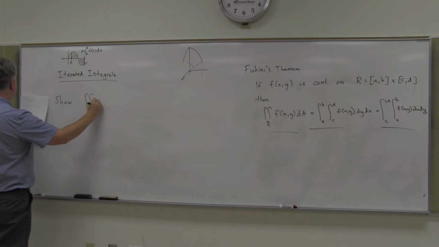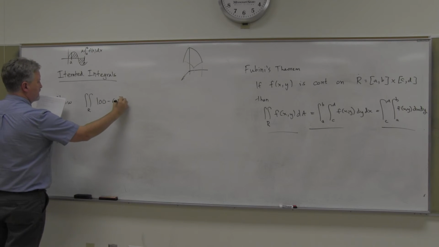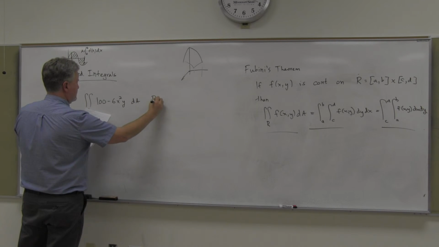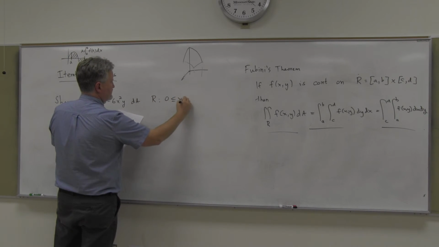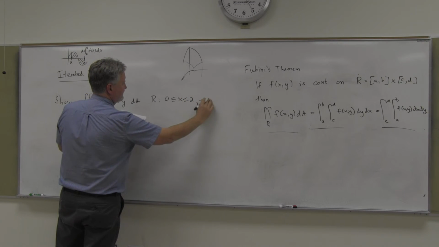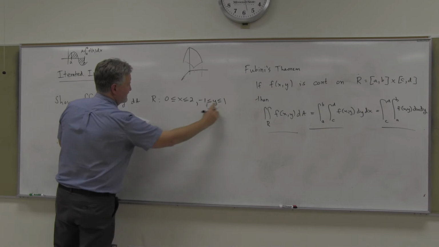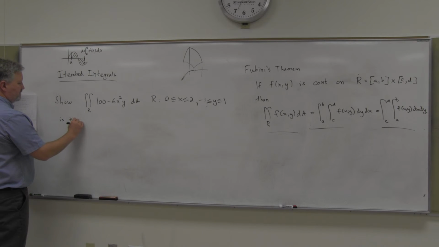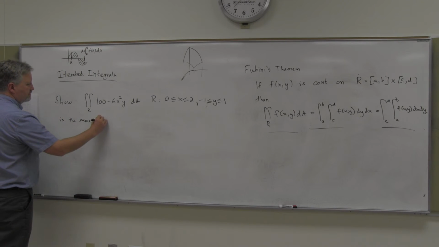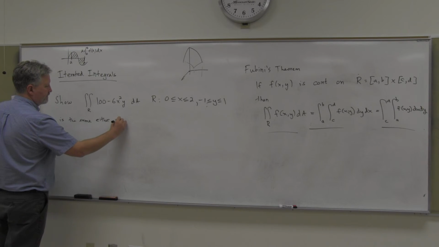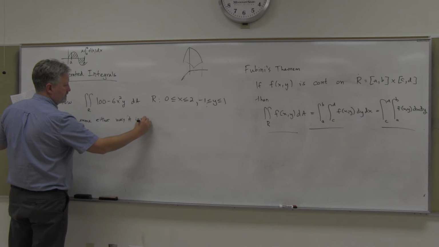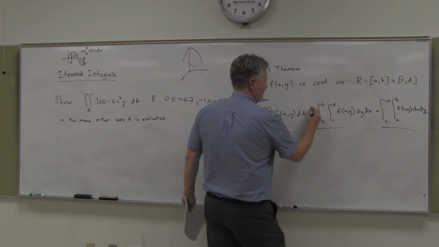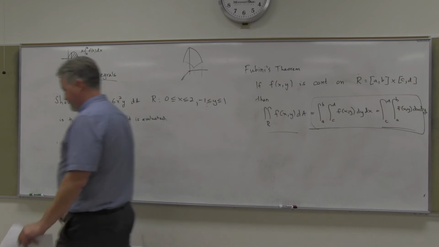Show that the double integral over R of 100 minus 6x squared y dA, where R is x between 0 and 2 and y between -1 and 1, we'll sometimes write the limits this way, is the same either way in value. In other words, we're going to show this to be the case. Do both ways.